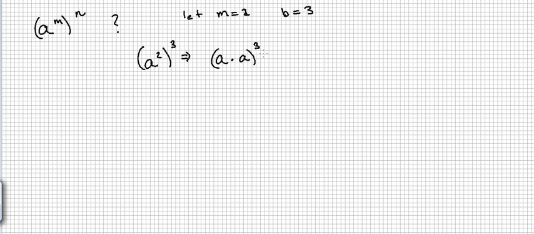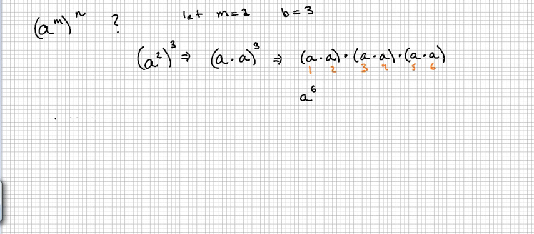Well, this is going to be equal to a times a times a times a times a times a. Now we multiply these. We don't add them. There's never any addition. So what we're going to get is our index is going to be 1, 2, 3, 4, 5, 6. We're going to get a to the 6th power.